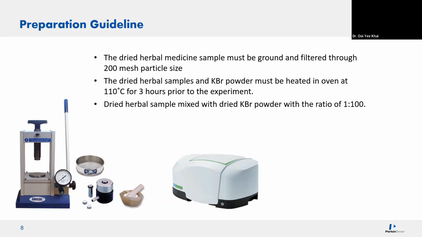Secondly, the dried herbal medicine and KBr powder must be heated in an oven at 110 degrees C for 3 hours prior to the experiment. Third, the dried herbal sample is mixed with dried KBr powder at a ratio of 1 to 100 and pressed into a pellet form. The pressed sample was then placed in the pellet sample holder and scanned in transmission mode.